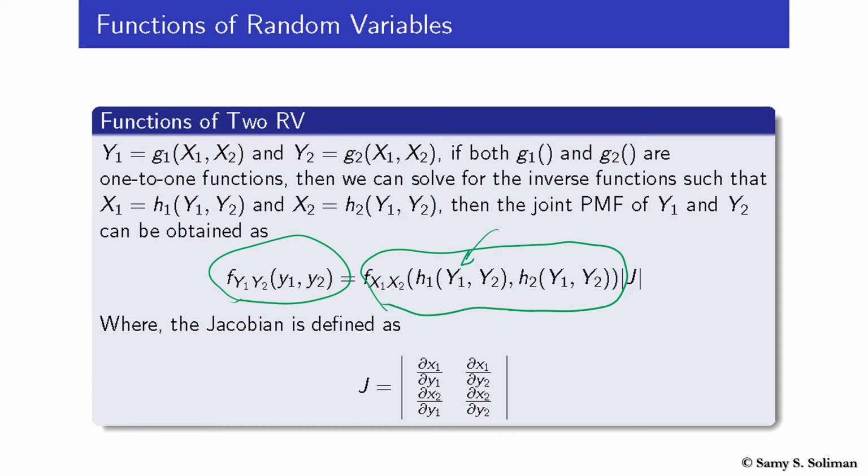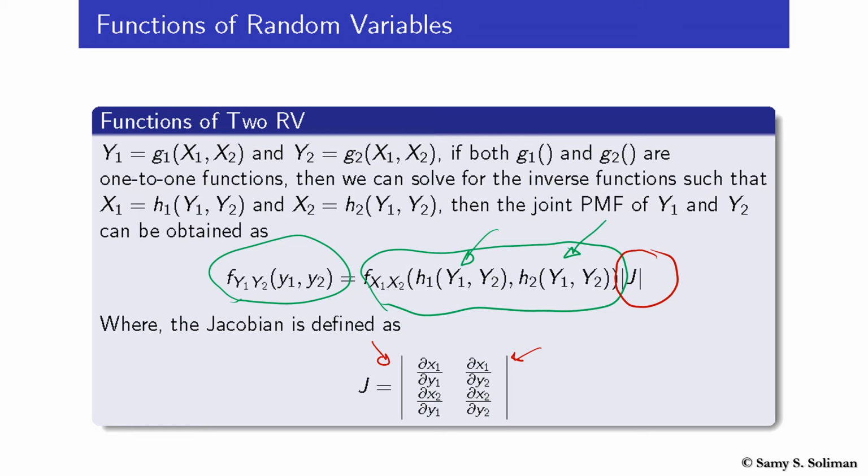However, we replace x1 and x2 by the corresponding functions of y1 and y2, and in the case of continuous random variables, we have to multiply the whole PDF by the absolute value of the Jacobian, where the Jacobian is defined as the determinant of a matrix.